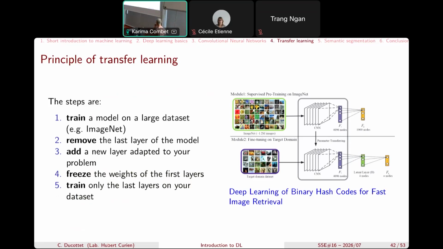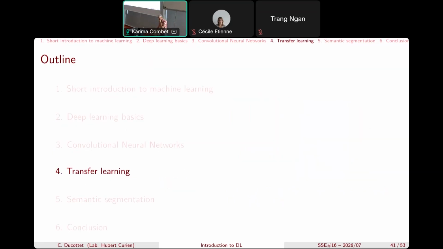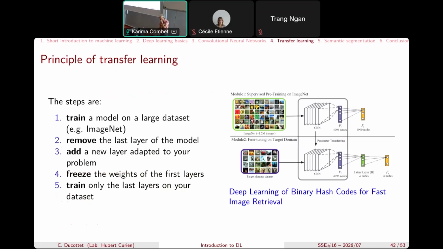I just want to speak a bit about what is called transfer learning, because, as Carol said, in medical image problems, and even in most practical imaging problems, we don't have access to a lot of annotated images.